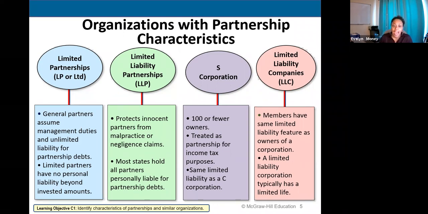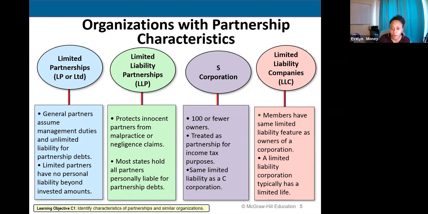But a limited partnership has partners designated as general partners, who participate in the day-to-day operations and have unlimited liability. And it has limited partners who have no personal liability beyond their individual investments. They're not involved in the day-to-day operations, and a lot of times they're more like a silent party.